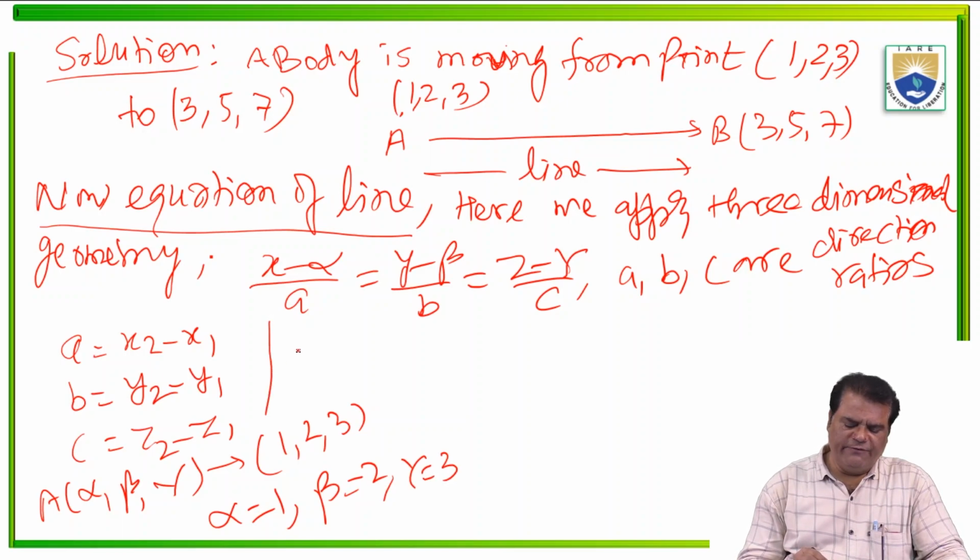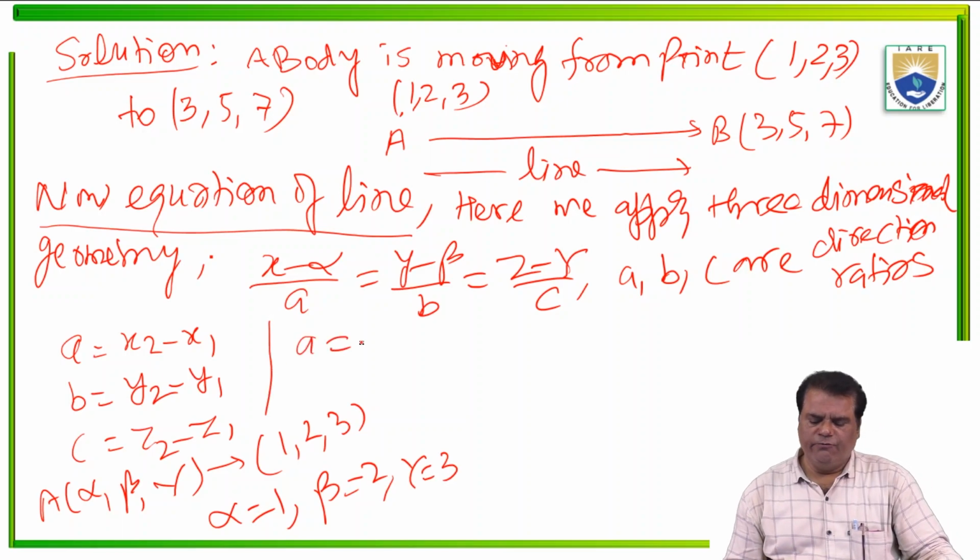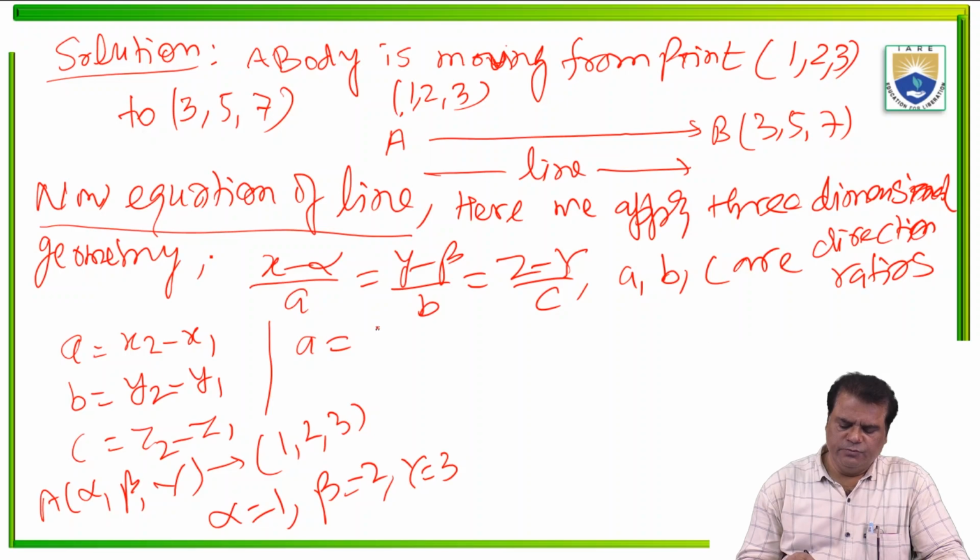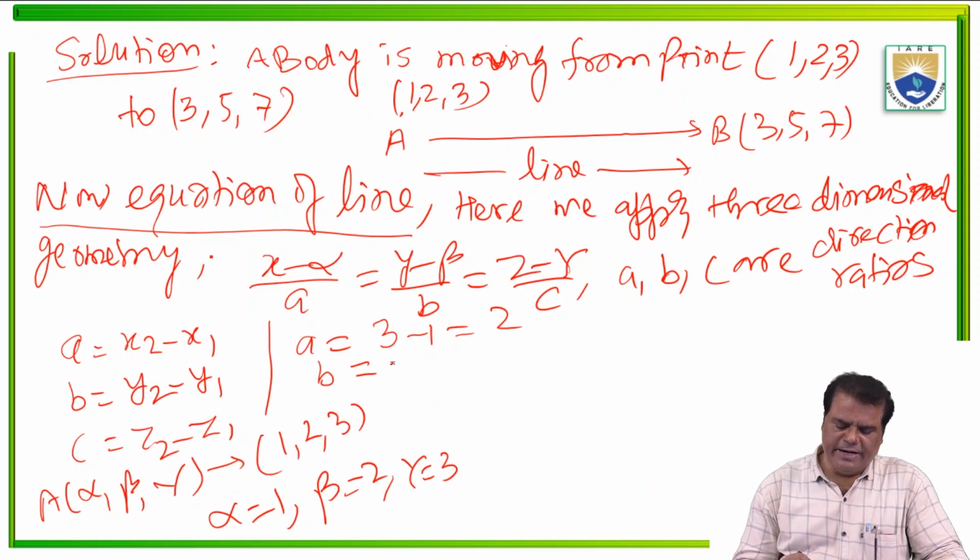So now the value of a is x2 minus x1, 3 minus 1, equal to 2. And b is equal to 5 minus 2, equal to 3. And c equals z2 minus z1, so this is 7 minus 3, this is 4.